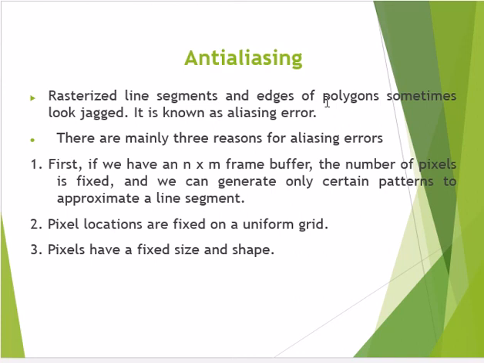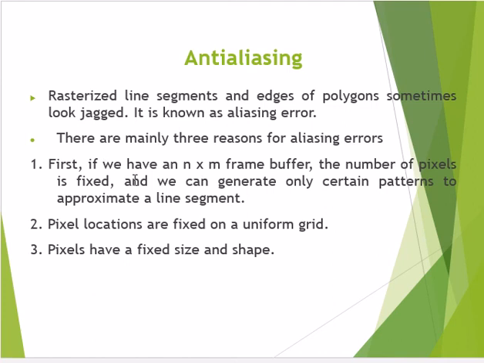So the last topic in this implementation part is called anti-aliasing. While rasterizing the line segments and edges of the polygons, sometimes the polygons look jagged, and this is also known as aliasing error. There are mainly three reasons for these aliasing errors.